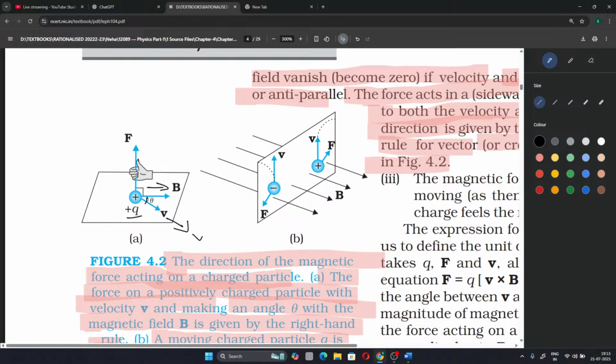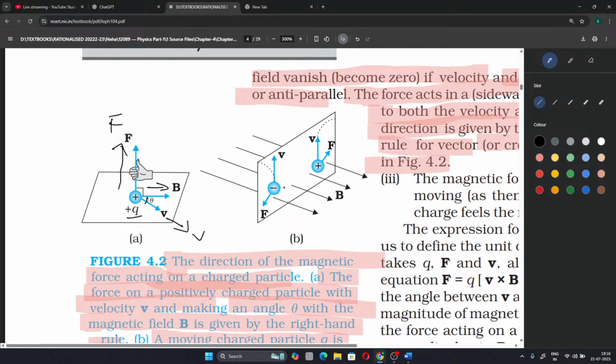This is the direction of velocity. The angle between them is represented as theta. Then if we take the vector cross product rule, QVB, we take it from V to B, so the force will be acting perpendicular to both of them, in this direction. The force will be acting upward when there is a theta angle between B and V. Both are assumed to be in a plane.